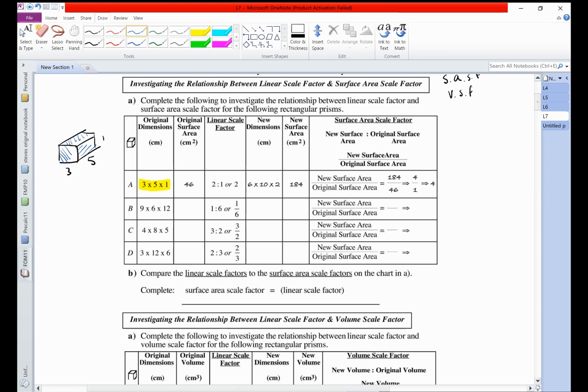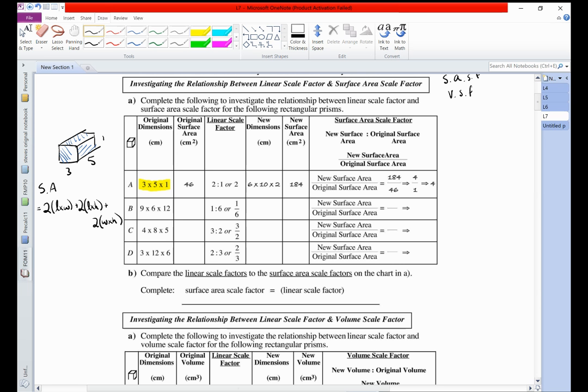The surface area formula is something like 2 times the length times the width plus 2 times the length times the height plus 2 times the width times the height. It's just a pretty big formula.